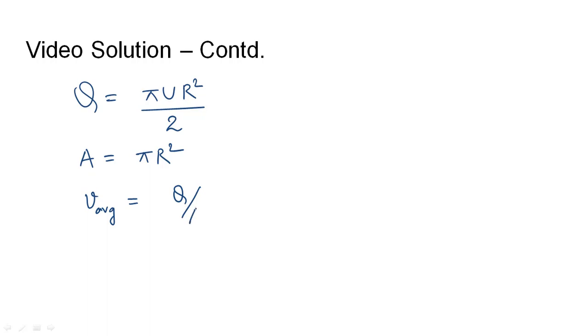So the discharge in the whole pipe is pi U R square over 2, and as we saw, the area of the whole pipe is pi R square. So the velocity averaged over the whole pipe would be Q divided by A, which is pi U R square over 2 divided by pi R square, which would give the answer as U by 2.